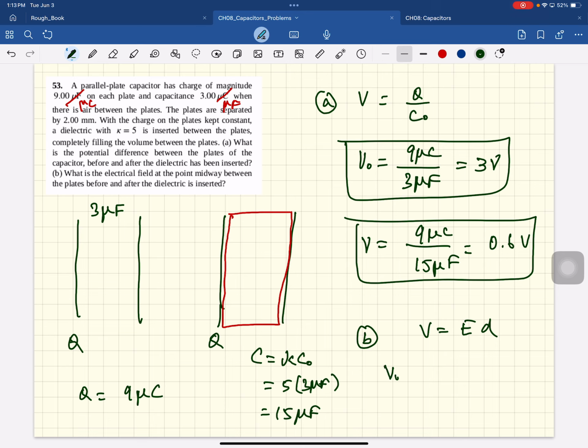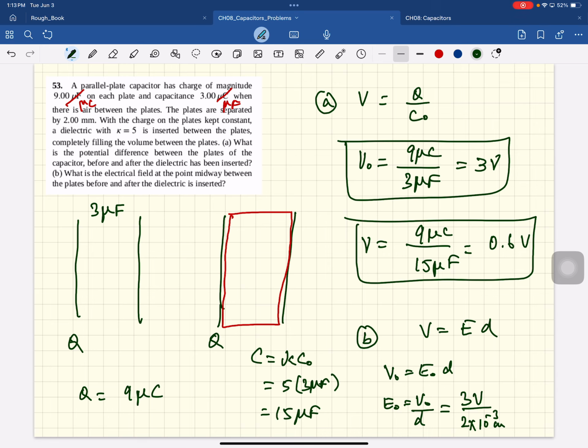So V naught is E naught D. E naught is V naught by D, 2 millimeters. So V naught was 3 volts divided by 2 times 10 to the minus 3 meters. So 1.5 times 10 to the 3 volts per meter.